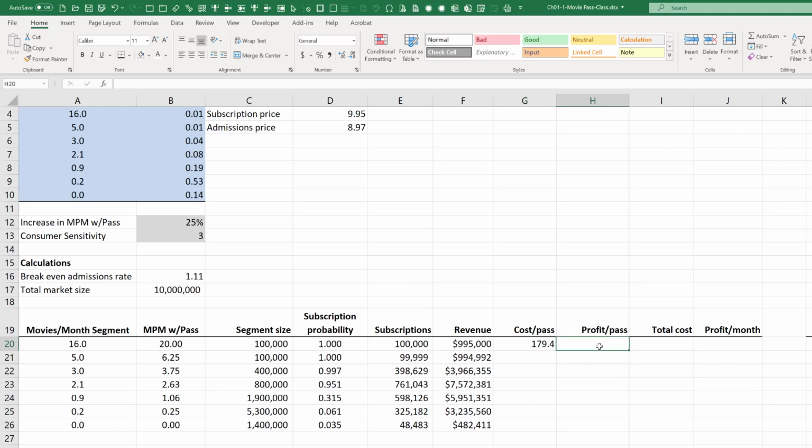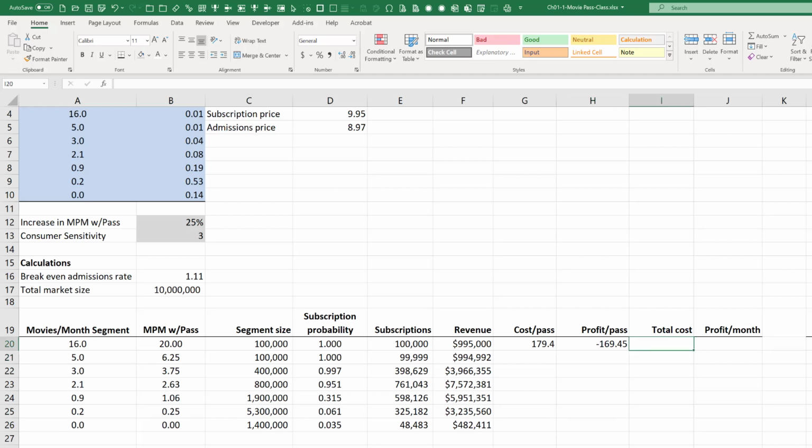So profit per pass then is the revenue coming in per pass, which is $9.95. So you need to absolute reference that, minus the cost per pass. Okay, so that will be the profit per pass.